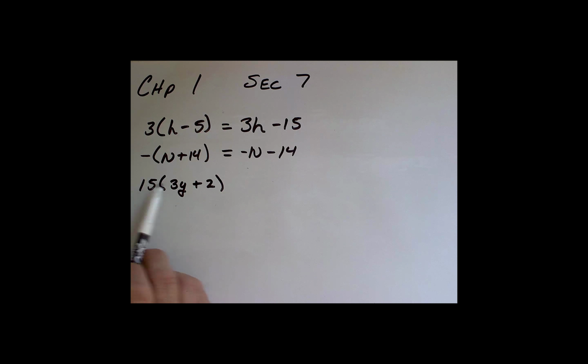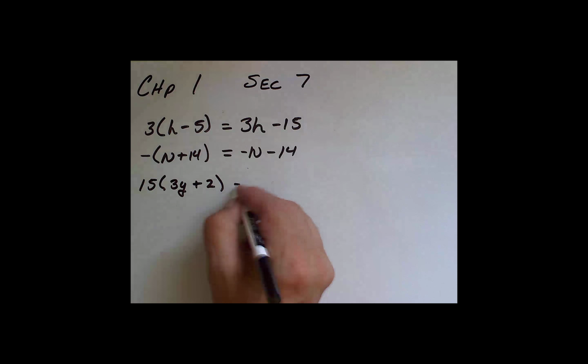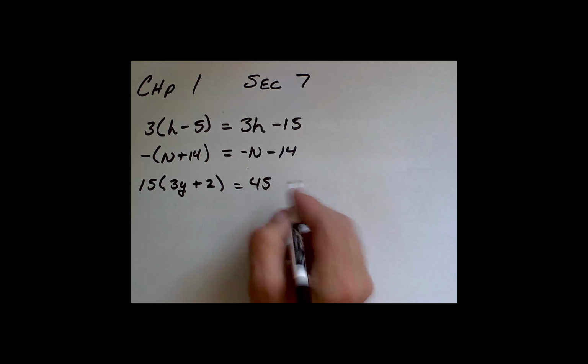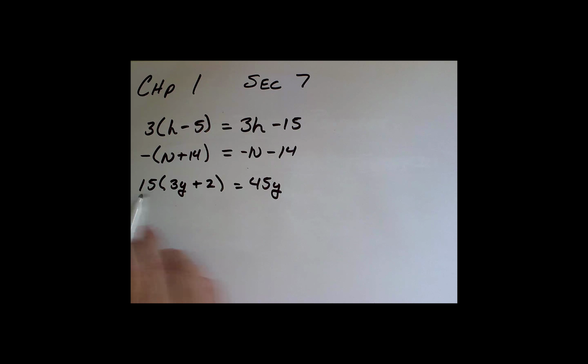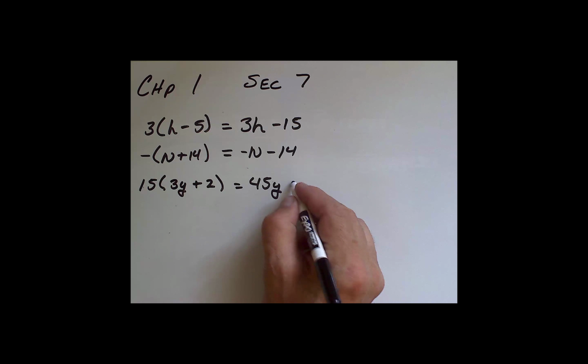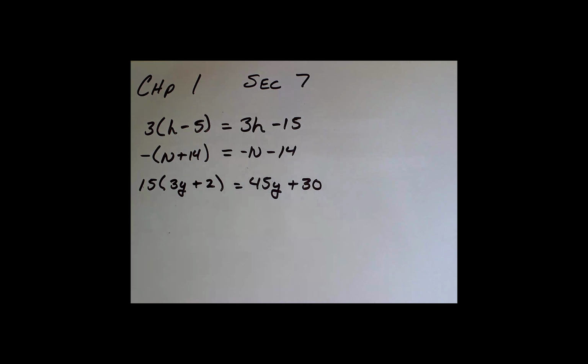All right, so 15 times 3 is 45. We'd carry the y. So 15 times 3y would be 45y. And then 15 times plus 2 would be a plus 30. That's how we carry through and do the distributive property with this equation.